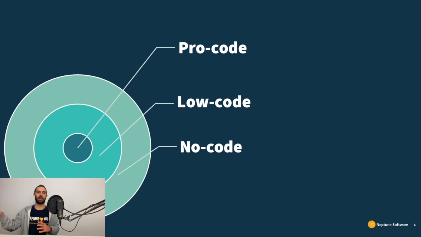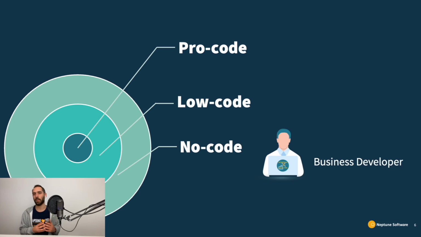When we look at other organizations and customers, what we understand is that there is an outer shell that we call no-code, which is a business developer. A business developer is someone who understands business and knows how the business processes are, but they're not really technology savvy.